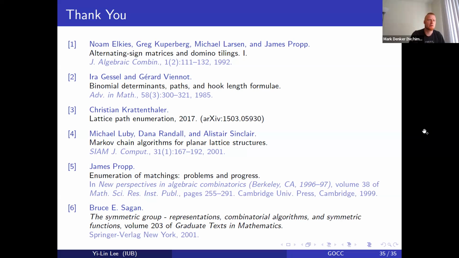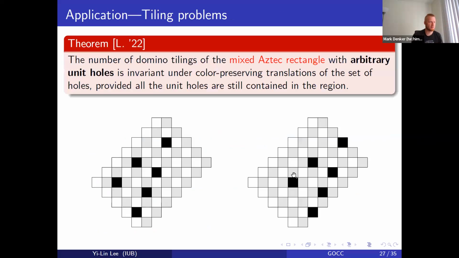I have a question. So you demonstrated with the Aztec rectangle with holes that, if you shift the holes in a certain way, you have the same number of tilings. Have you considered an explicit bijection? Okay, I think that's a good question. Yeah, I thought about this a little bit. I think the easiest way for me is to turn this into lattice paths.